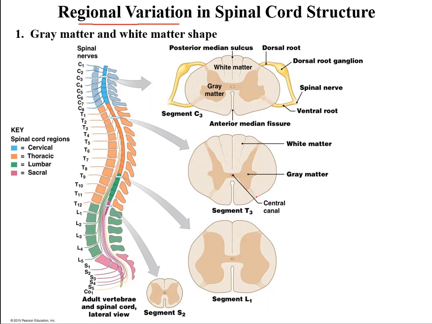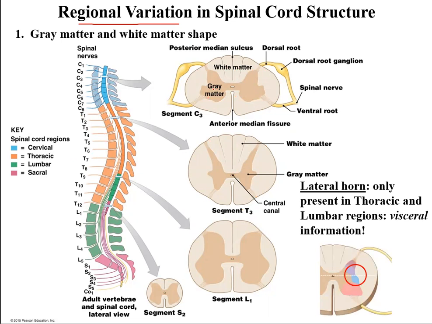What I really want to point out is that in the cervical spinal cord, there are pretty much just posterior and anterior horns. But when we get down into the thoracic and the lumbar, we see a pretty pronounced lateral horn in both of those areas. And finally, when we get down to the sacral, once again, we see the posterior and anterior horns only, no lateral.